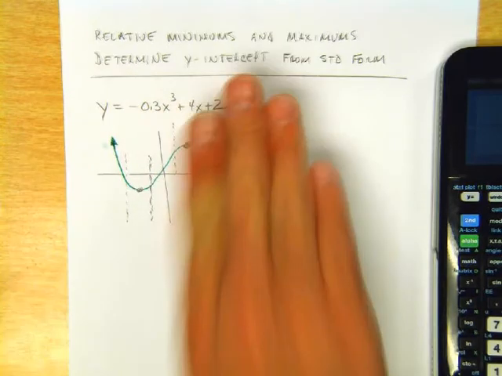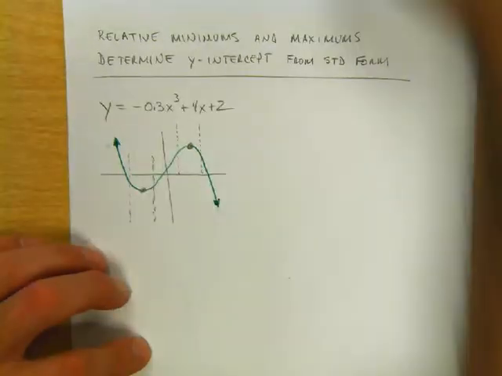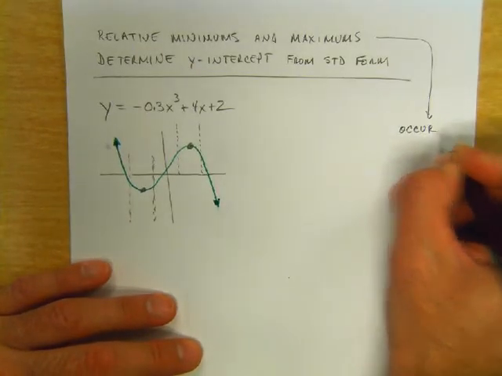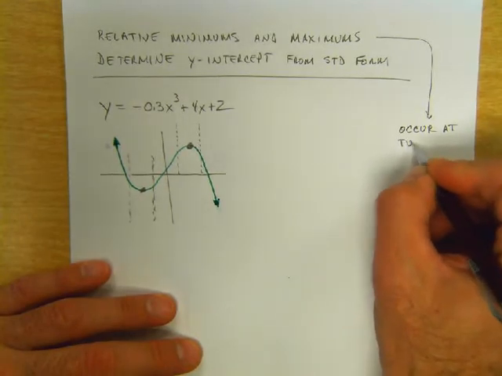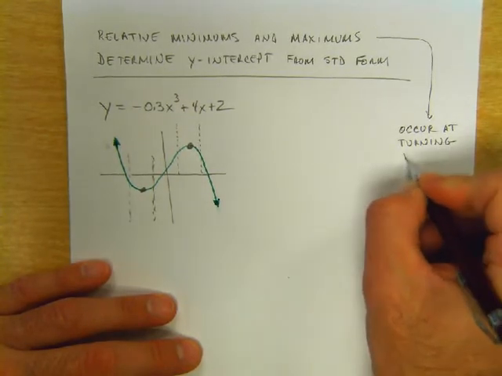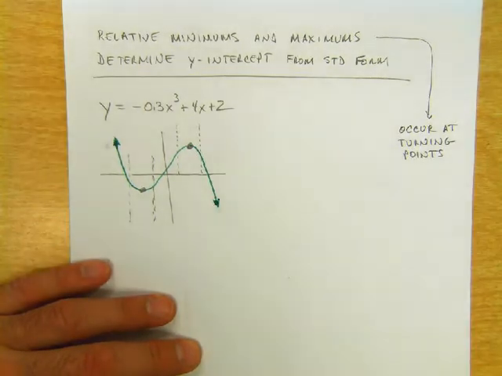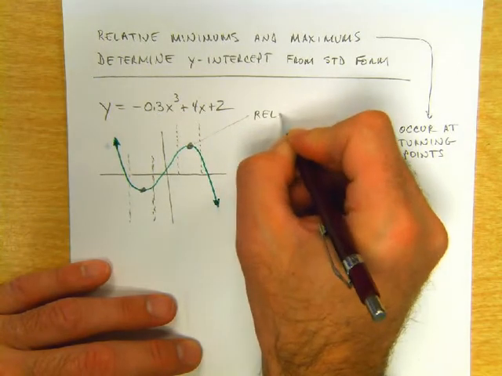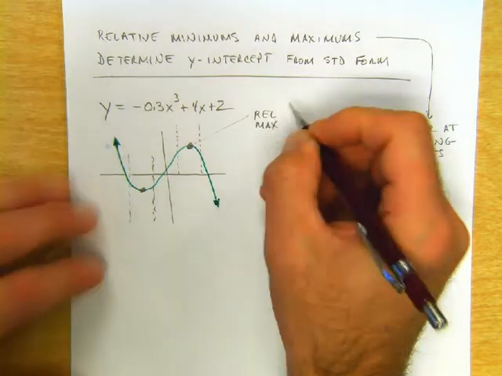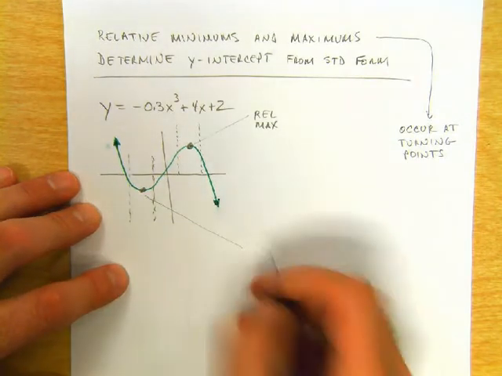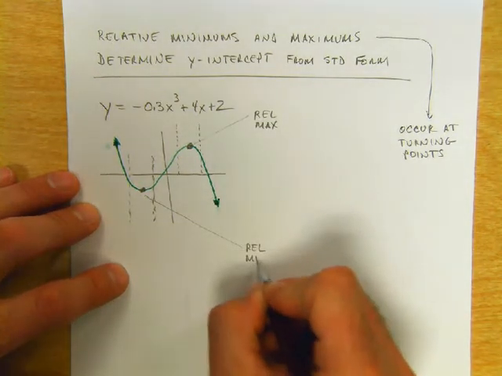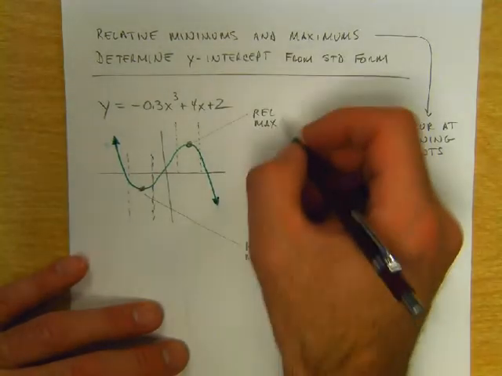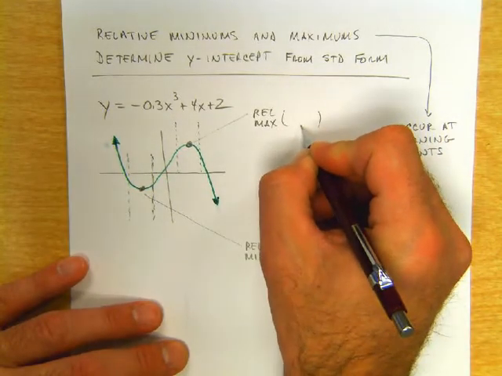All right, so relative minimums and maximums occur at the turning points, and there is a relative max and there is a relative min. Now what I would like to do right now is show you how to find the coordinates of those points.